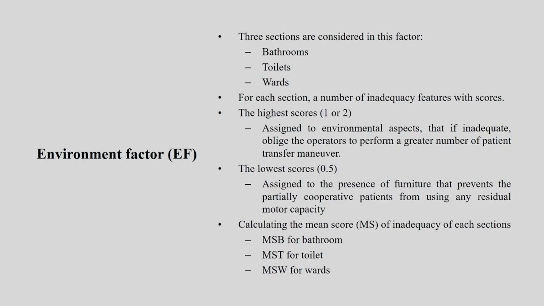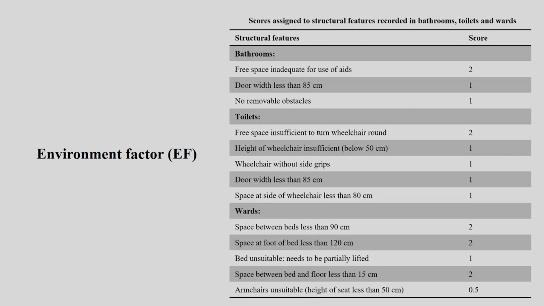So, calculating the mean score, that is the environmental score inadequacy of each section: the MSB for bathroom, MST for toilet, and MSW for ward. So, you have mean score for bathroom, mean score for toilet, and mean score for ward. You have different scores for this environmental factor.